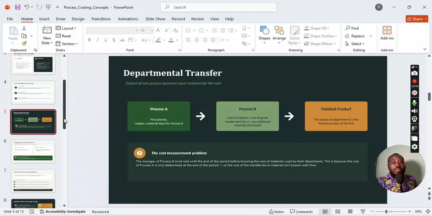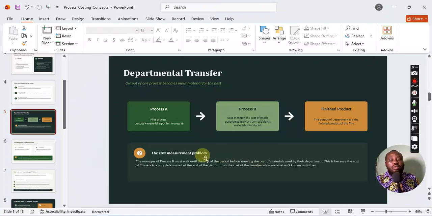As we can see on the diagram, we have two processes, process A and process B. Process A is the first process, and its output equals the material input for process B, because we are transferring this material to process B. The cost of material in process B is equal to the cost of goods we have transferred from process A, plus any additional material cost that we incur in process B. The output of department B becomes the finished product of the firm.